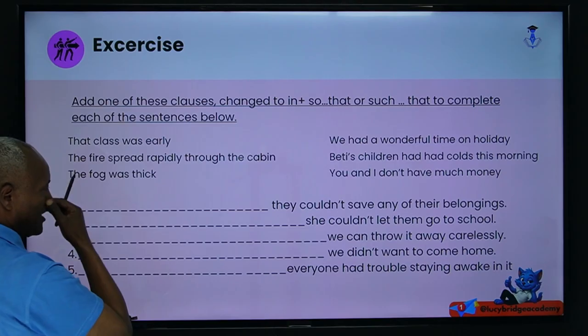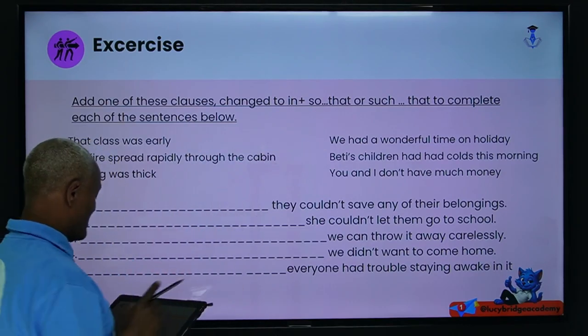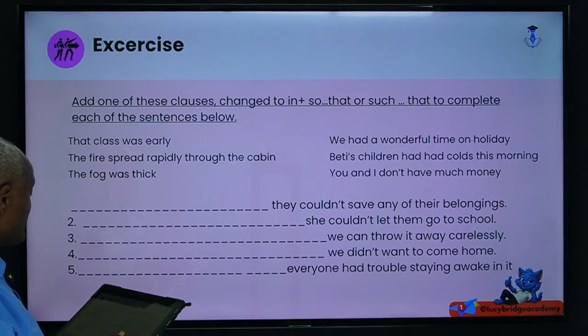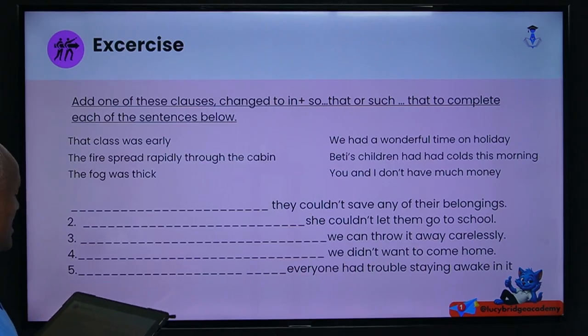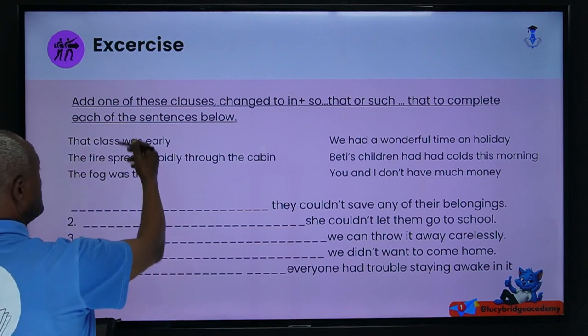Here already I gave you, and don't forget to use "so that" or else "such that". Already I gave you maybe the answer for this one. For instance here, they couldn't save any of their belongings, it says. Therefore from this, which one is right?